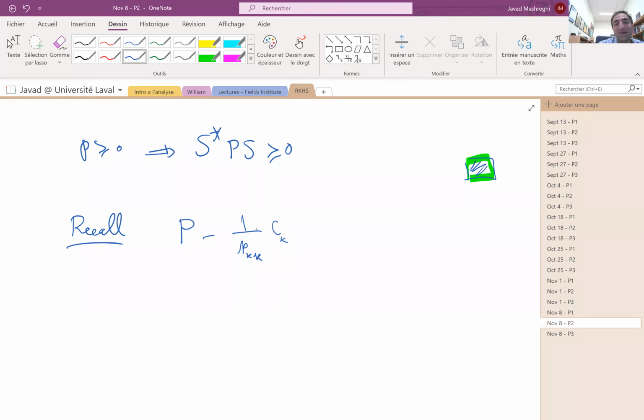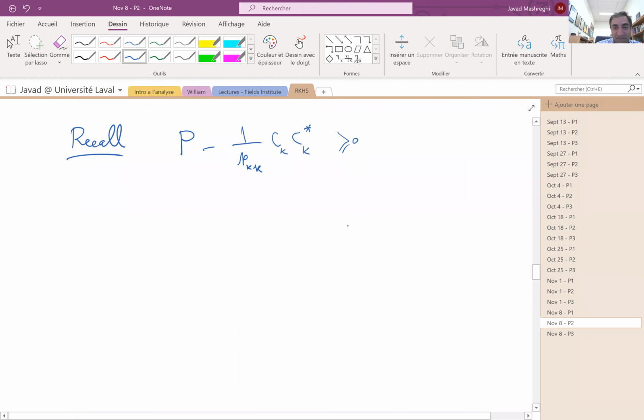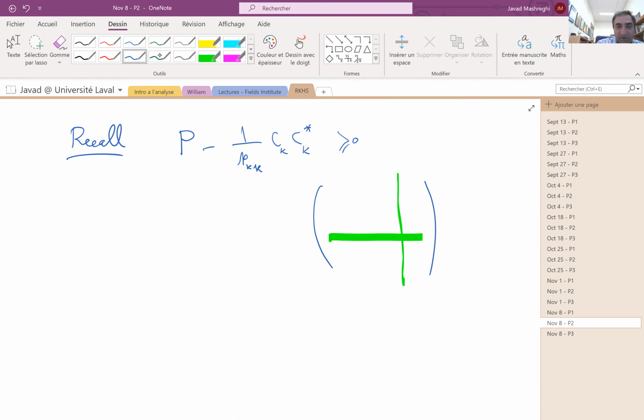Ck for the K column of P and Ck star. This is what we did above to obtain something which is positive. So that's the matrix whose K row and K column are equal to 0.